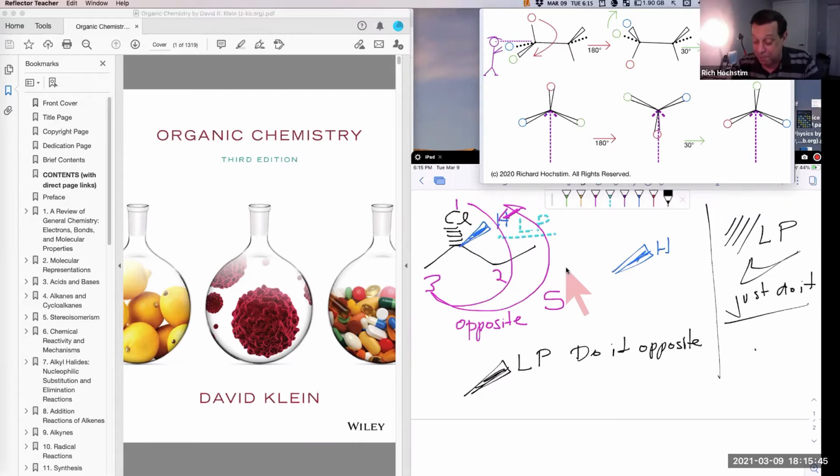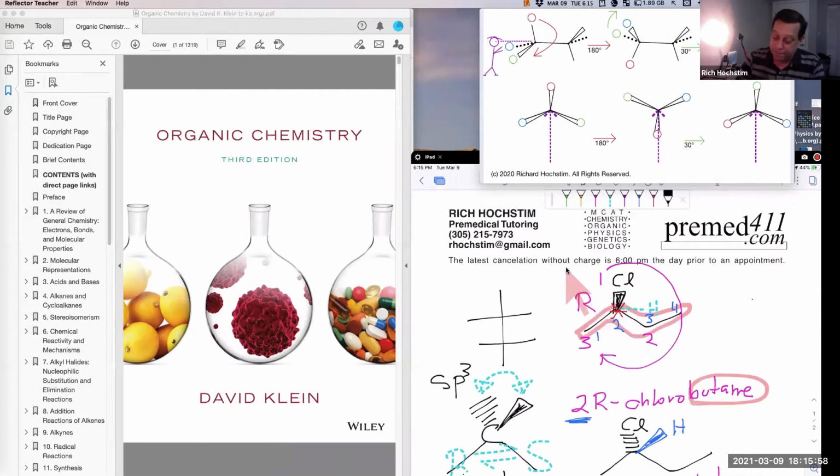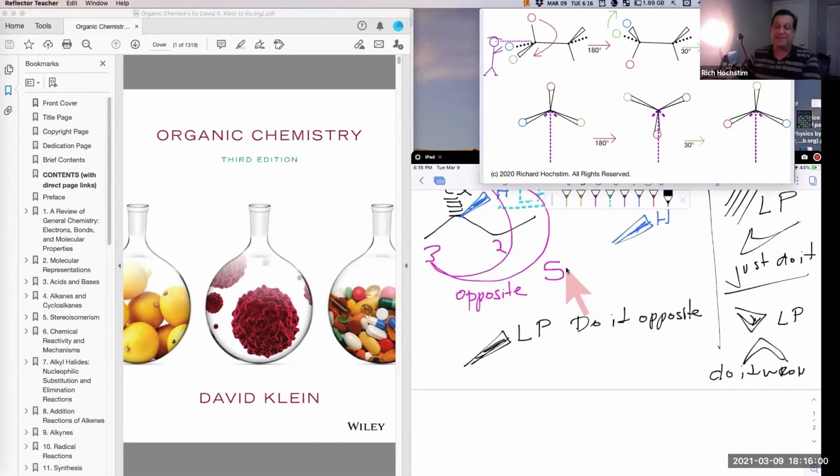But if that low priority group is like this, then you do it wrong. It's just as easy to do it right as to do it wrong here. All you're doing is doing the same thing and just reporting the opposite.